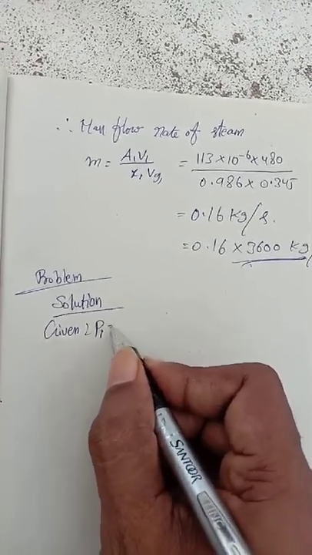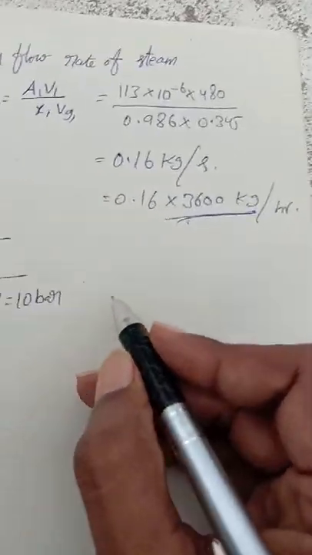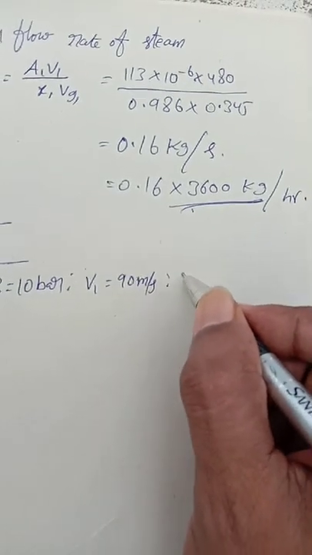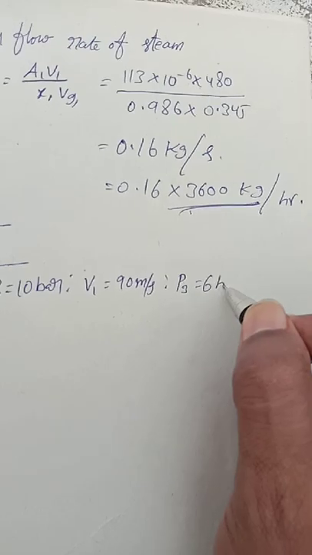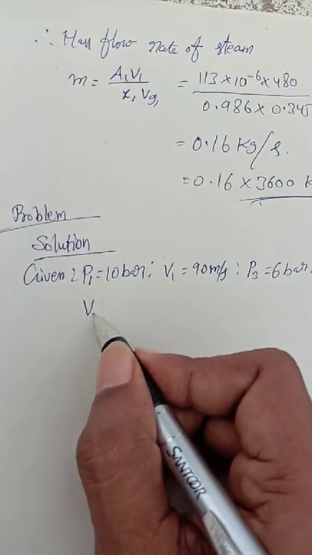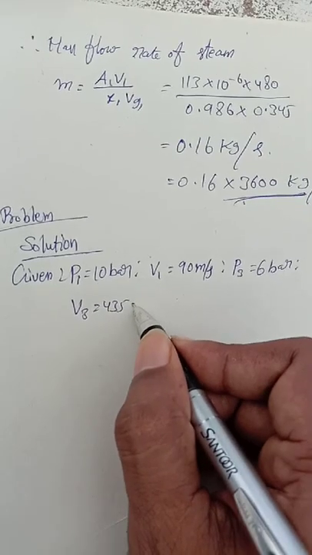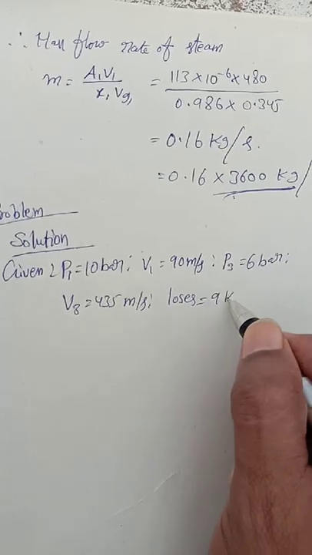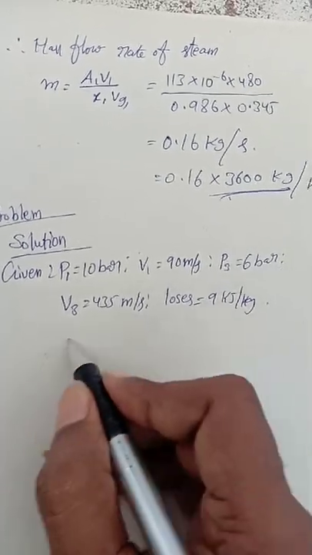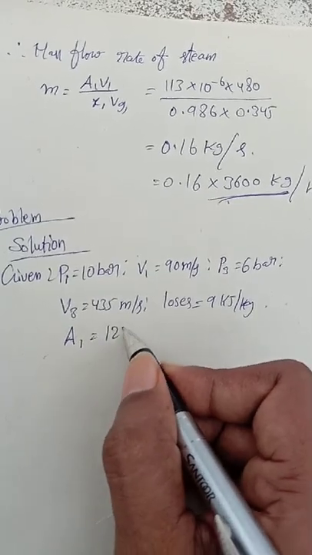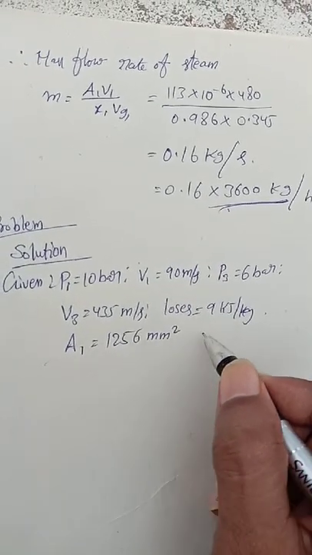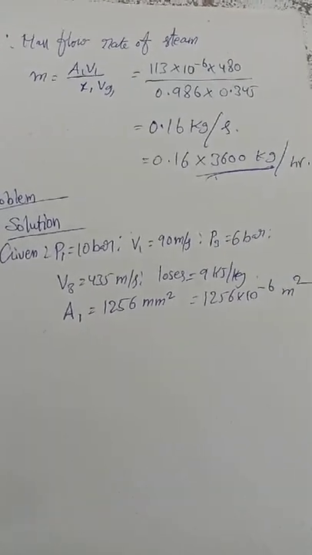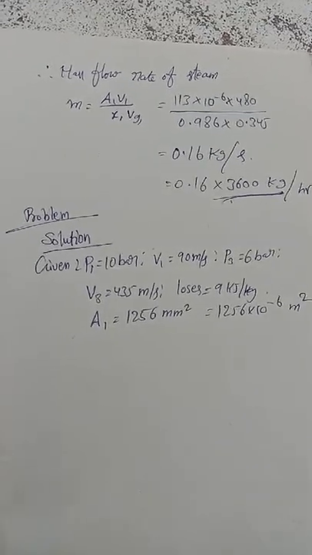Here P1 is equal to 10 bar, V1 is equal to 90 meters per second, P3 is equal to 6 bar, V3 is equal to 435 meters per second, losses are equal to 9 kilojoules per kg, and A1 is equal to 1256 mm², then you can write it as times 10 to the power of minus 6 m². Okay, so this is the given in the problem.